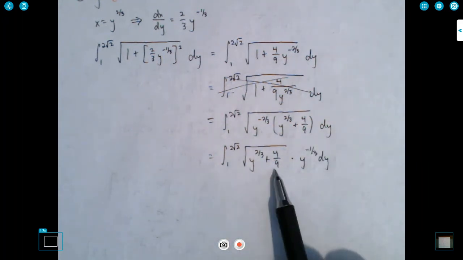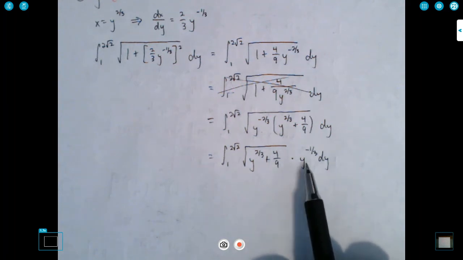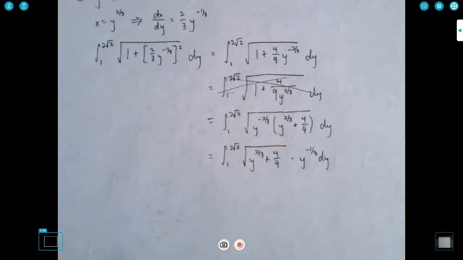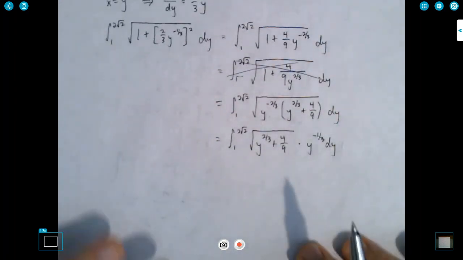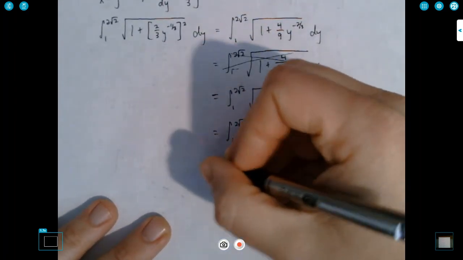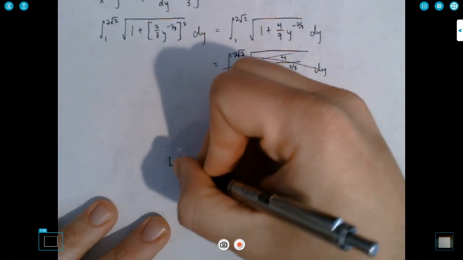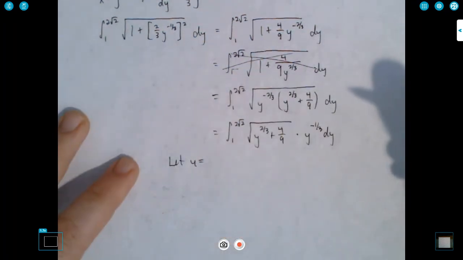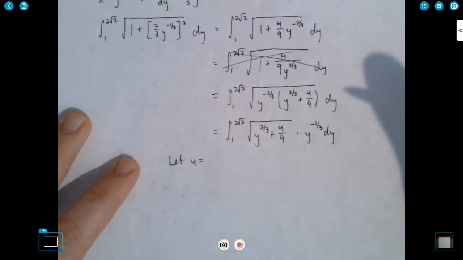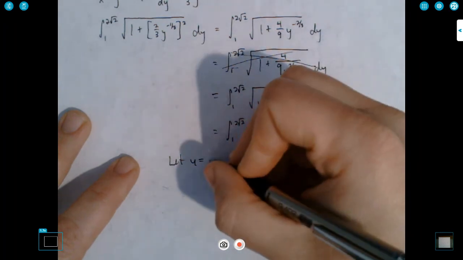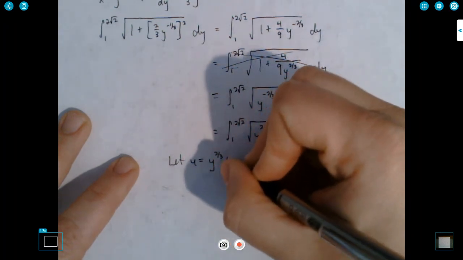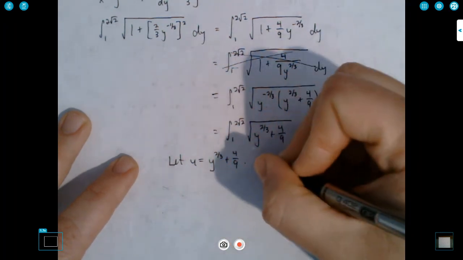So look, now if I let u be y to the 2/3 plus 4/9, I'm going to get du equals 2/3 y to the negative 1/3 dy. There it is. Okay, cool. So let u equal y to the 2/3 plus 4/9.